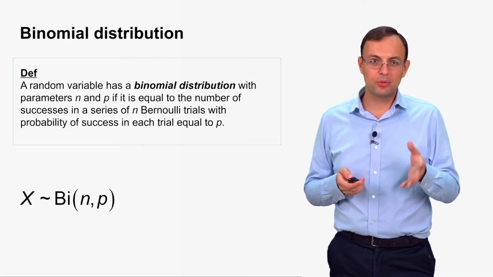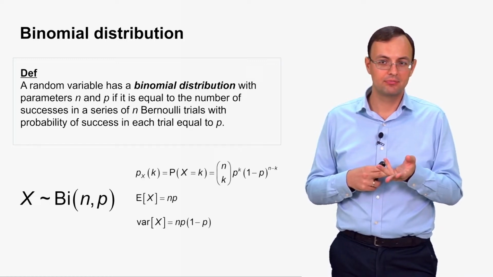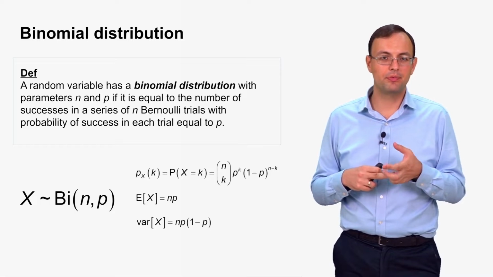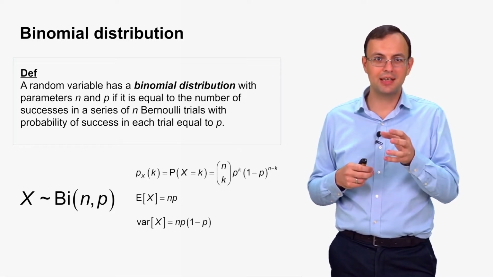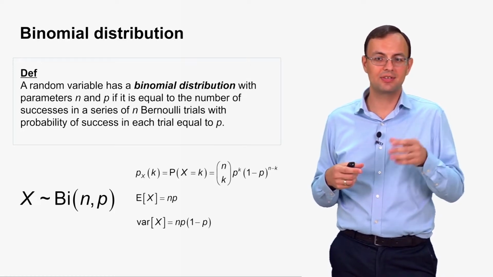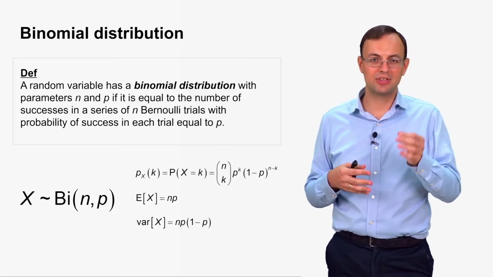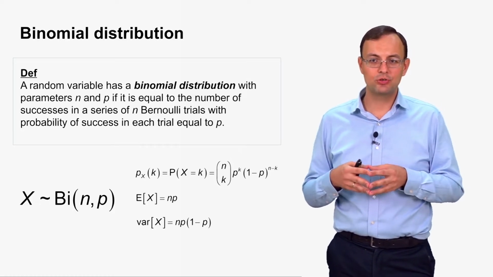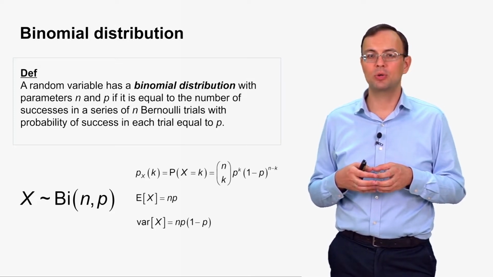And we have formulas for PMF, so for the probability of taking some particular value. So if k is a value from 0 to n, the probability that x will take this value is n choose k times p power k times 1 minus p power n minus k.